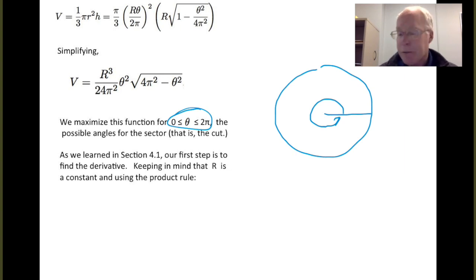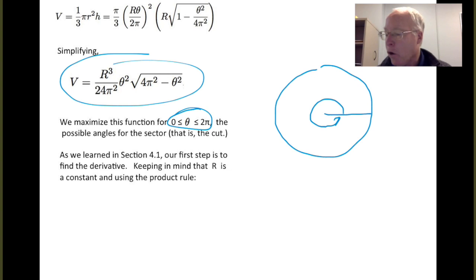So this is good for us. It's always nice to have a continuous function, which we have here, that we want to maximize on a closed interval, in this case 0 to 2 pi. Again, this is nice because in section 4.1 we learned that a problem like this always has an answer. There is a maximum value, so we know we will find an answer for this problem.